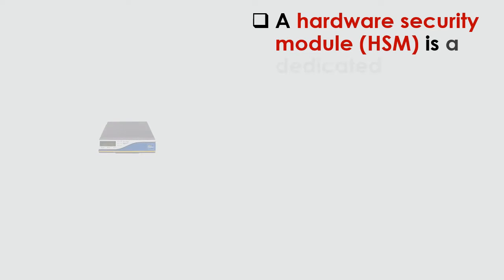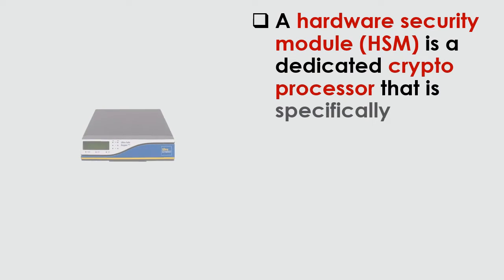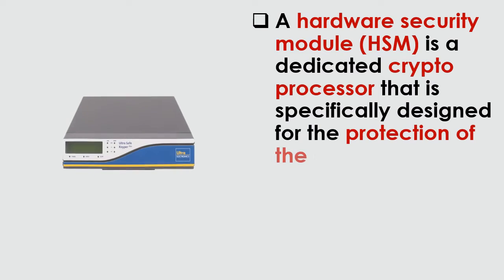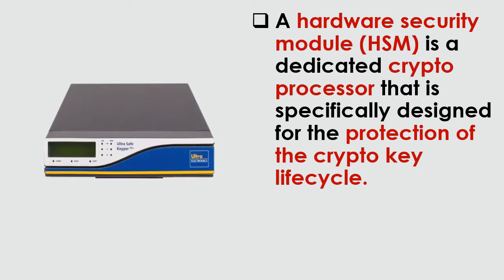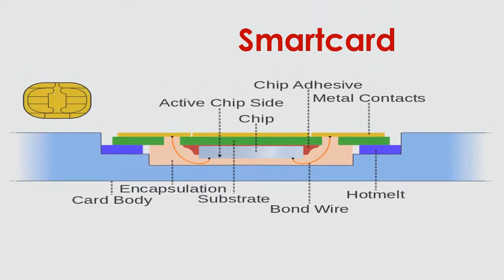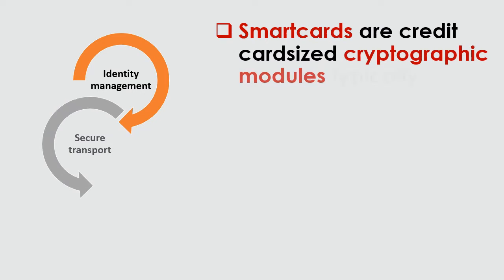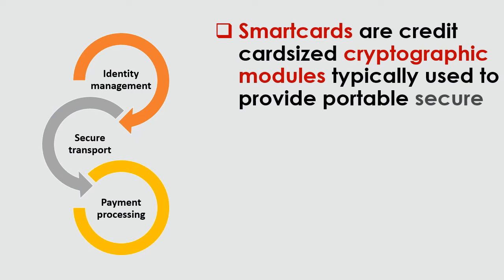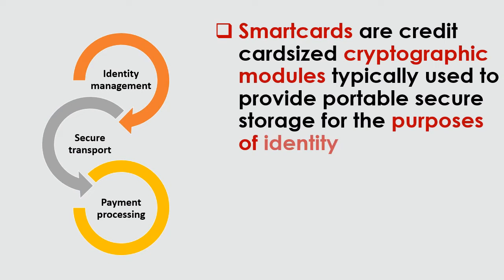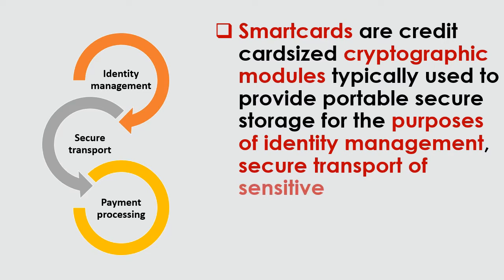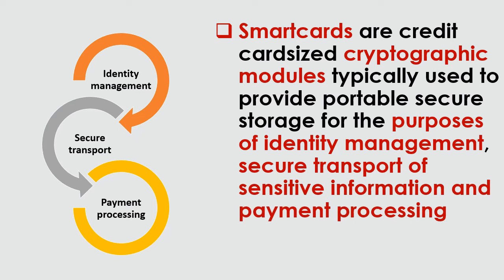A hardware security module, HSM, is a dedicated crypto processor that is specifically designed for the protection of the crypto key life cycle. Smart card. Smart cards are credit card-sized cryptographic modules typically used to provide portable secure storage for the purposes of identity management, secure transport of sensitive information and payment processing.